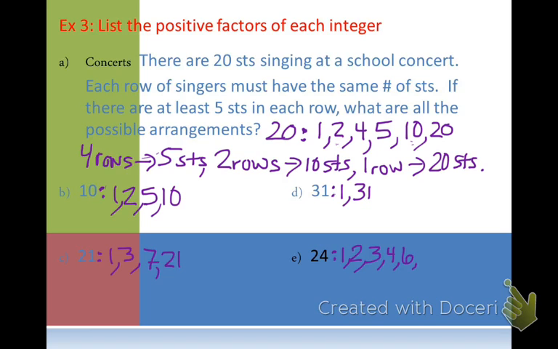So now we're going back down. 3 times what will get you 24? 3 times 8. And then 2 times what will get me 24? 2 times 12 will get me 24. And 1 times 24. So those are all the factors of 24.